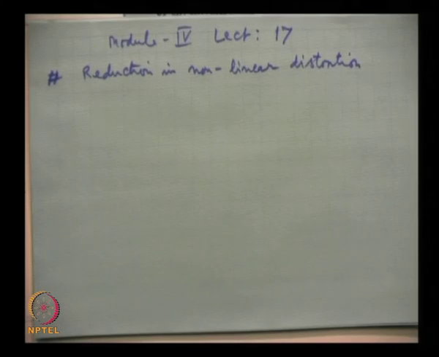I talked briefly in the previous lecture about the nonlinearity, the input characteristics, output characteristics of a transistor, whether it is BJT or FET. In certain regions they are nonlinear, and there are various other components.